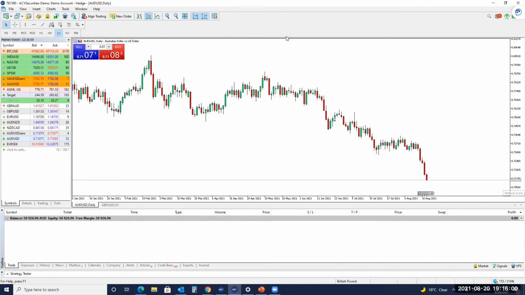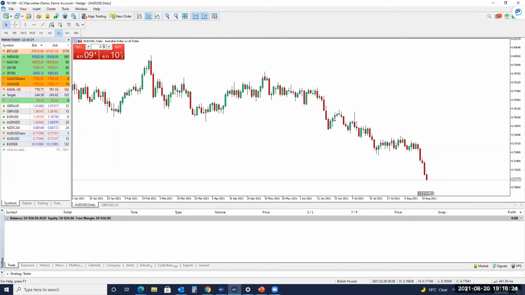All right. Now, if we were to trade 0.1, so if I was to type in the top here, 0.1, this now would be equivalent to 10,000 in the base currency, being AUD against the USD. And the pip value would be equivalent to $1. So every movement up by 1 pip is $1.